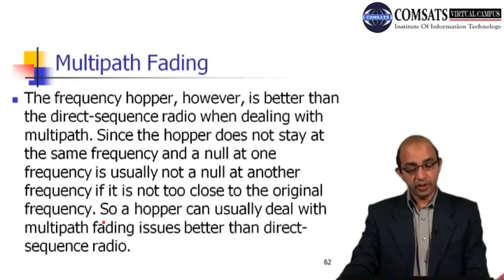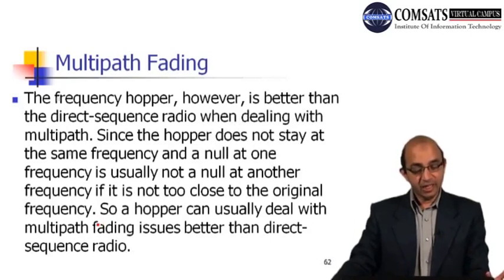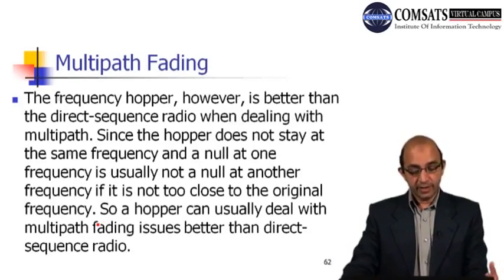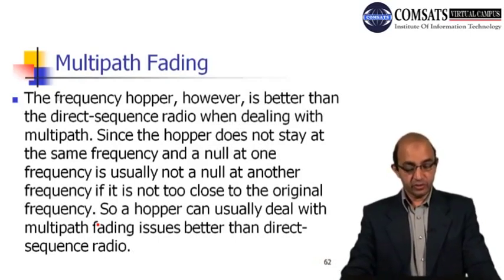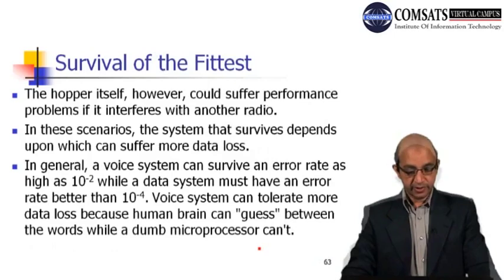The frequency hopper is better than the direct sequence radio when dealing with multipath fading. It does not stay at the same frequency, and a null at one frequency is usually not a null at another frequency if it is not too close to the original frequency. It deals with the multipath fading issue better than the direct sequence.